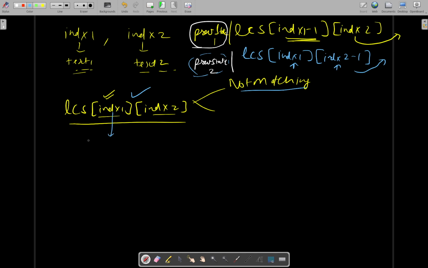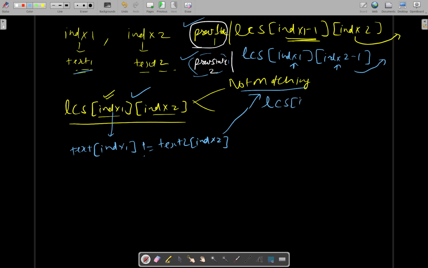The characters at this particular index in this particular string. So text 1 index 1 is not equal to text 2 index 2. So this is the case of not matching. Then you will take the maximum of these two previous states. So LCS of index 1 and index 2 will be the maximum of previous state 1 and previous state 2.